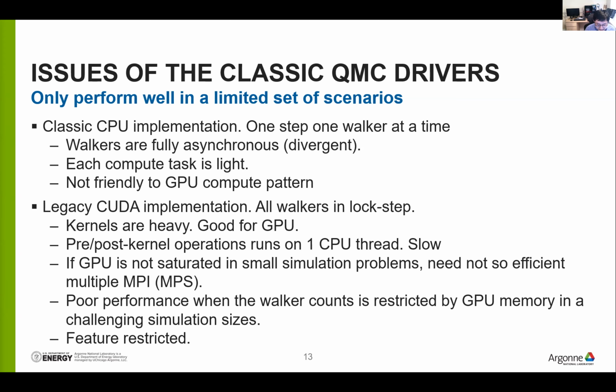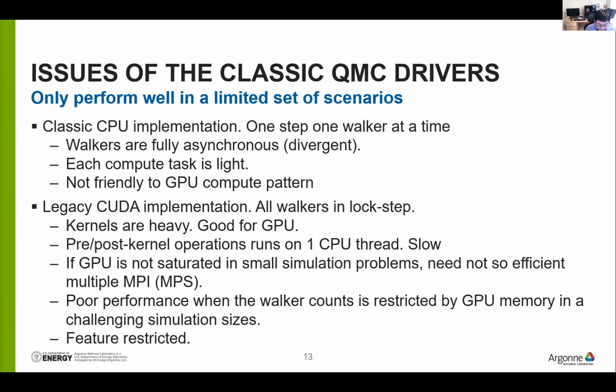Regardless of how many cores are available for the MPI rank, they can't submit jobs to the GPUs. So when you are doing small simulations, the GPU cannot be saturated, and you have to rely on multiple MPI tasks sharing the same GPU. This is just a different level of complexity, and we really want to avoid that.